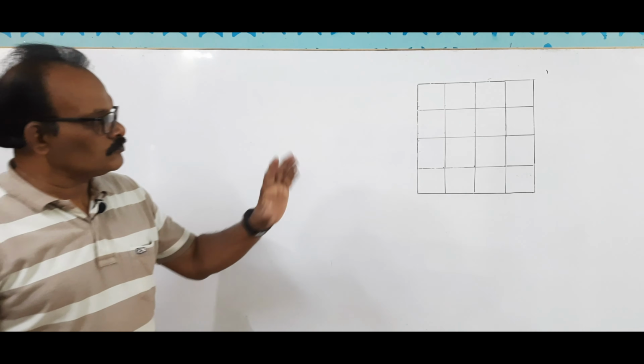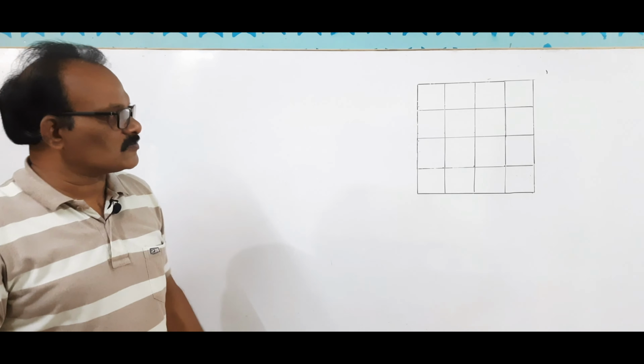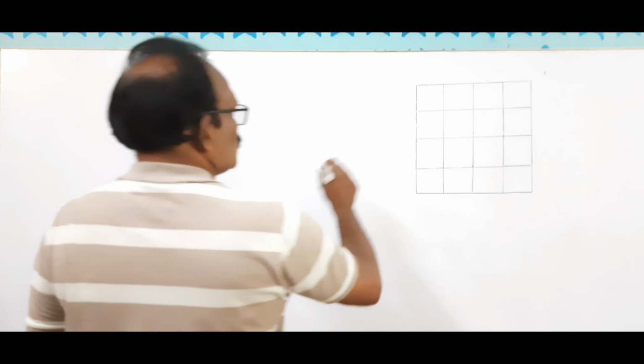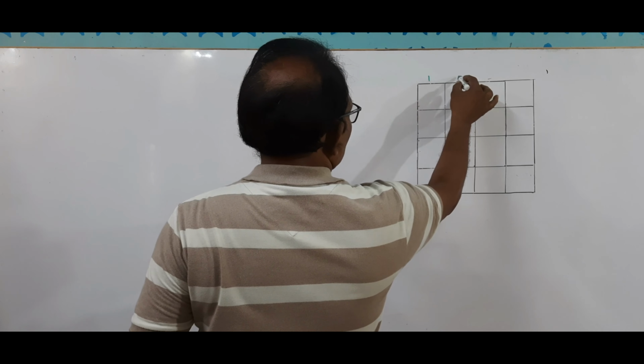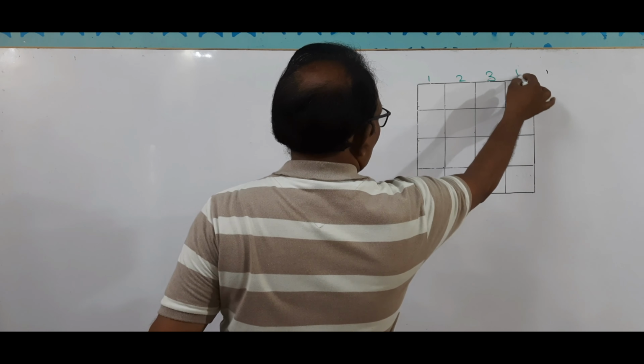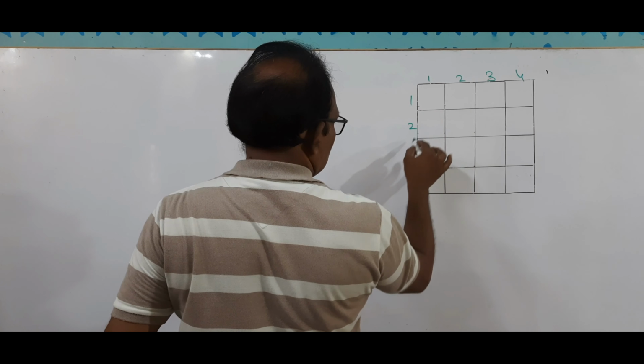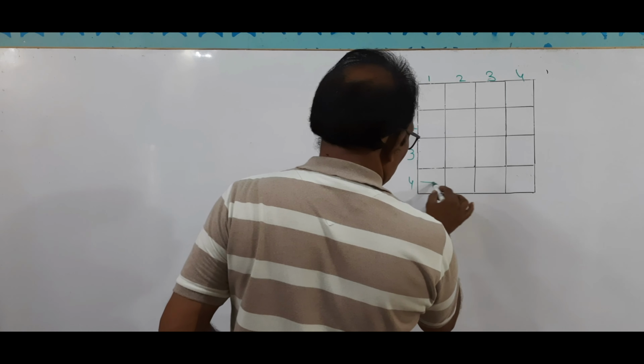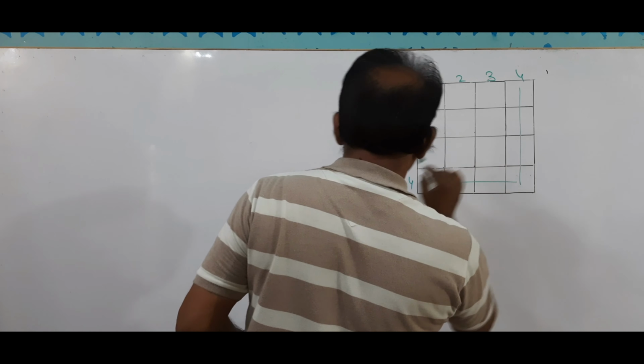See, this is somewhat bigger than the previous one. Now what to do? Our process is the same. What you will write is 1, 2, 3, 4. Here also 1, 2, 3, 4. Now we have to multiply this 4 with this 4.